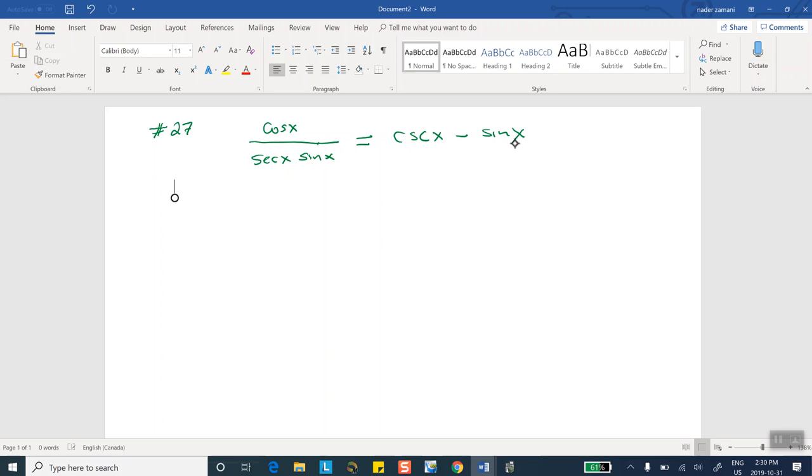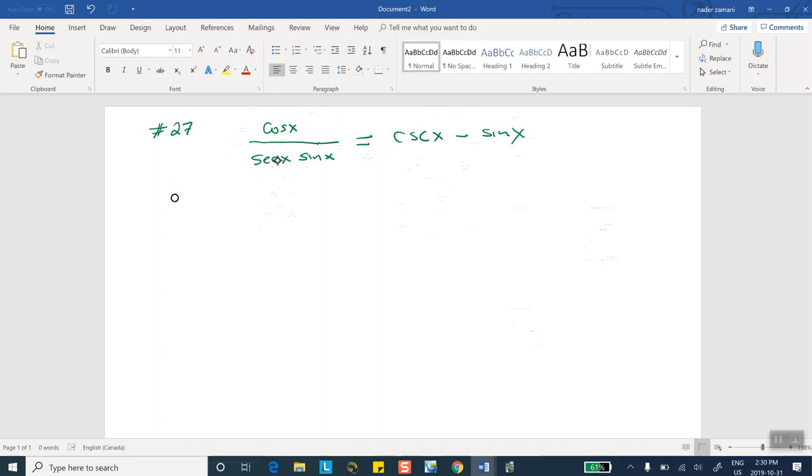Now remember, when it comes to proving identities, there are no magic rules. There are certain strategies that one can have. For example, one can start with the left side and play with it and eventually get the right side. Or you can start with the right side and play with it and then get the left side.